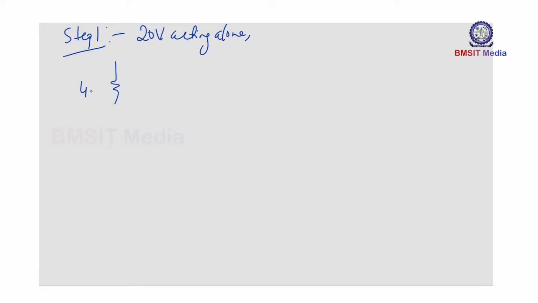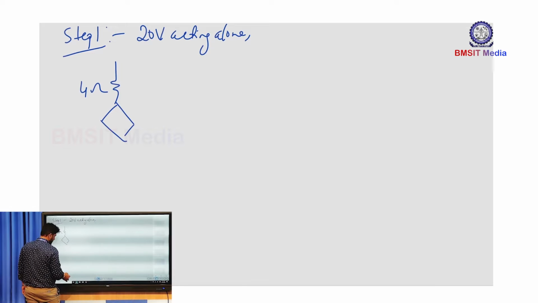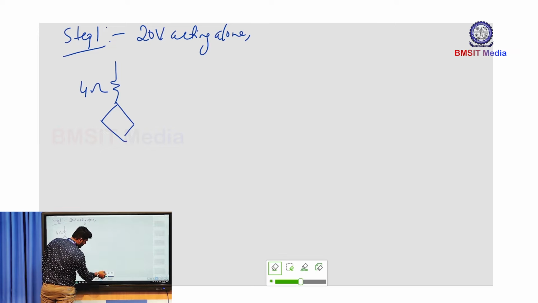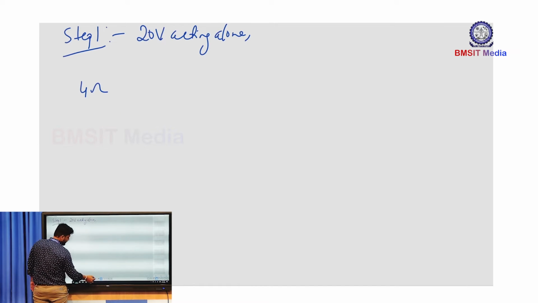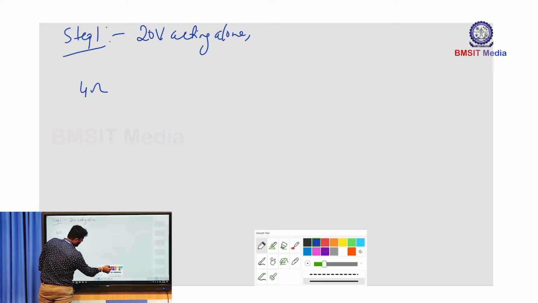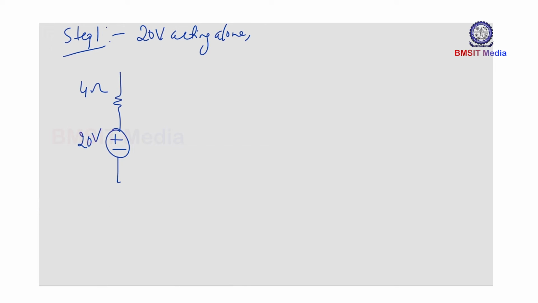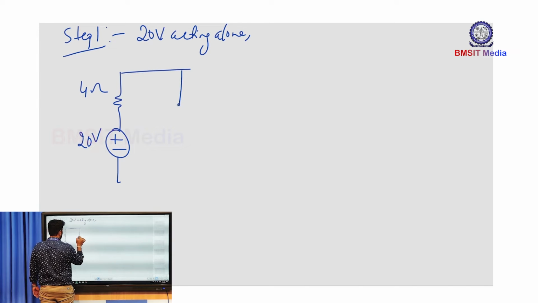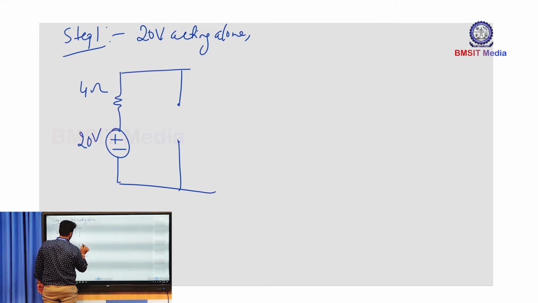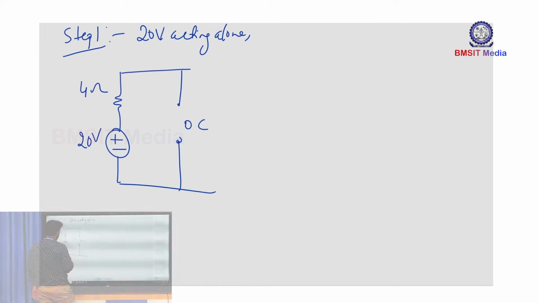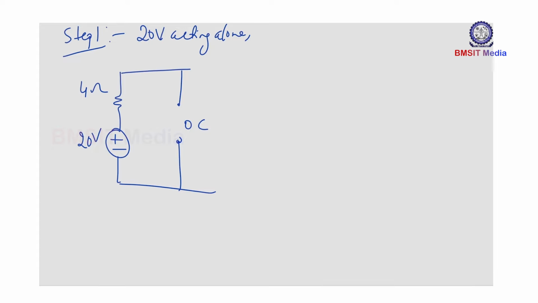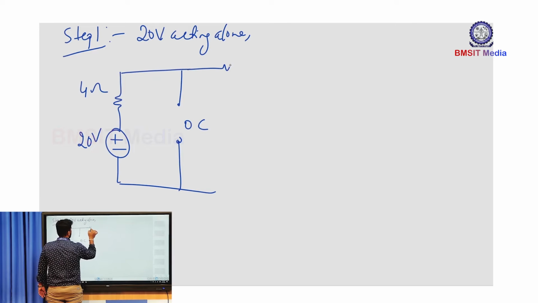So this is a resistor, 4 ohm, and the voltage value is 20 volt, and this is the 5 ampere current source which I have made an open circuit because we are considering only one source acting at a time, and we have our dependent source.